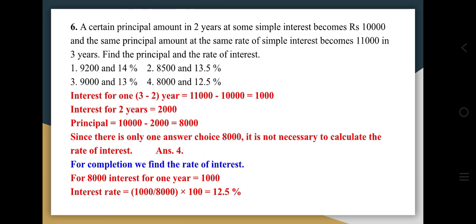So for 100 we want... we have to divide 1,000 by 8,000, multiply that by 100, and after simplification we can see that it is 12.5. So the interest rate is 12.5% and the principal amount is 8,000. So 4 is the answer.